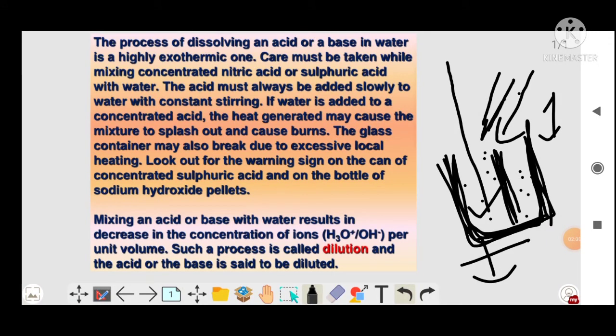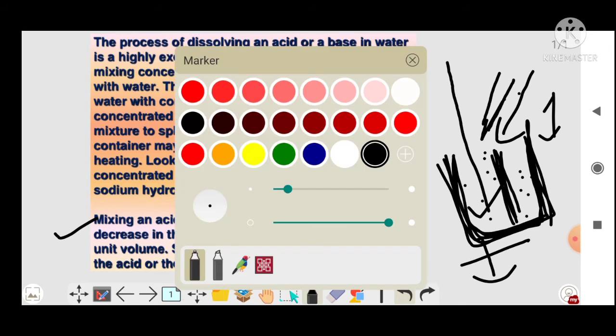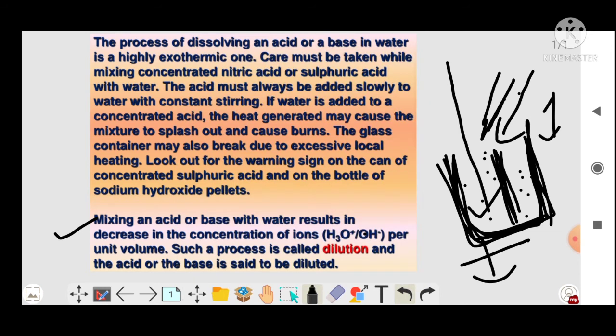Now, what is dilution? Mixing an acid or base with water results in a decrease in the concentration of ions, hydronium ions or OH minus ions per unit volume. Such a process is called dilution and the acid or base is said to be diluted.